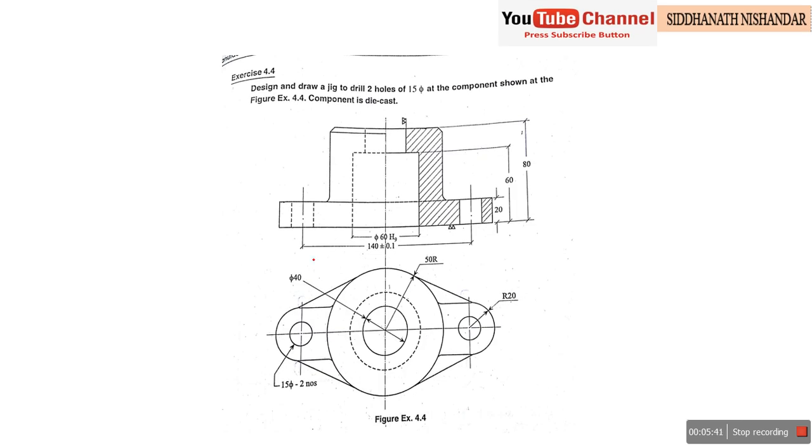Now see the third: design and draw a jig to drill 2 holes of 15 diameter in the component as shown in the figure. Now we develop 2 holes of 15 diameter here. We need to rotate this component now.